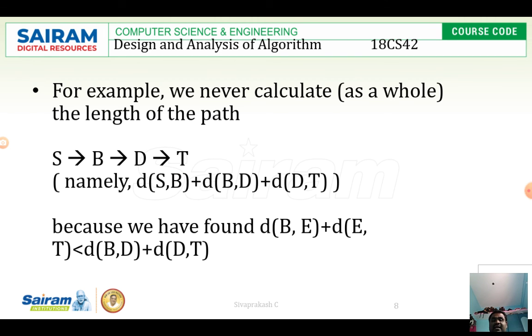So totally 9. When I take the shortest route, the route will be S, B, D, T. Because this is the shortest route, the total cost to reach the destination is 9. So this mechanism is called dynamic programming for a multi-stage graph. Thank you.